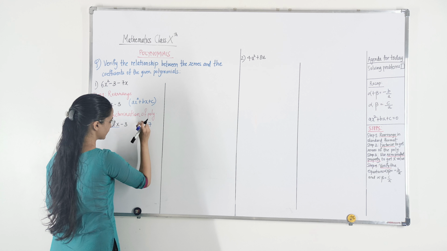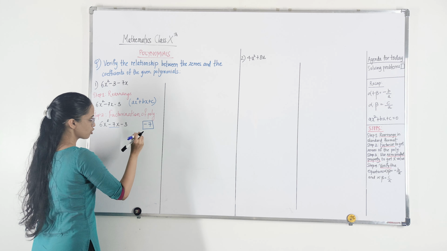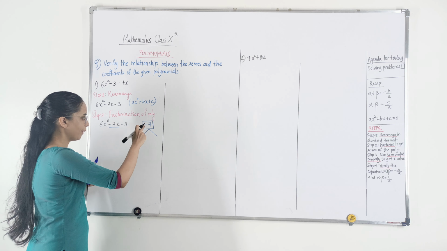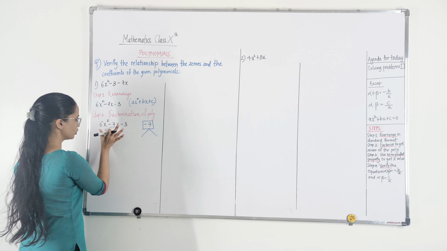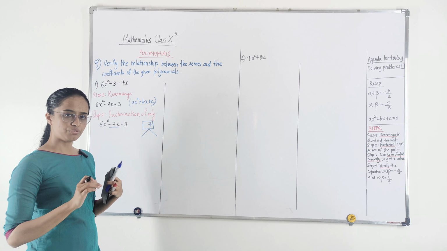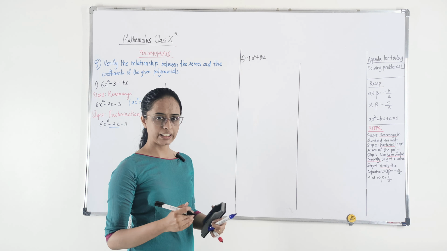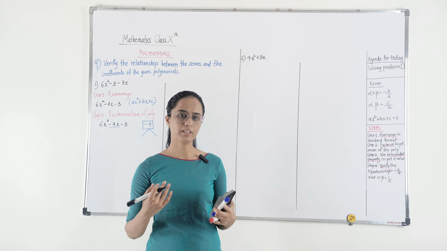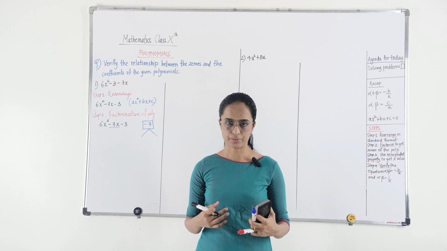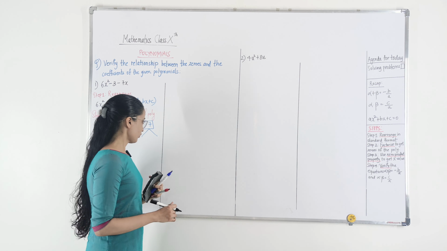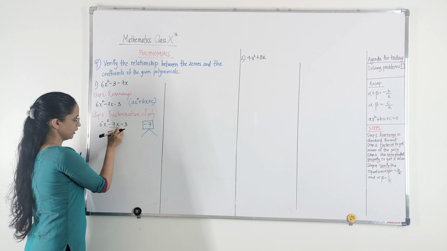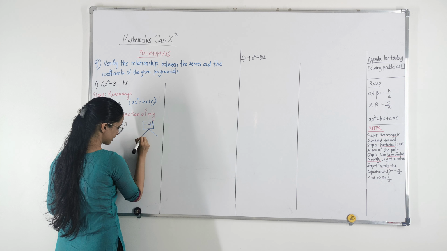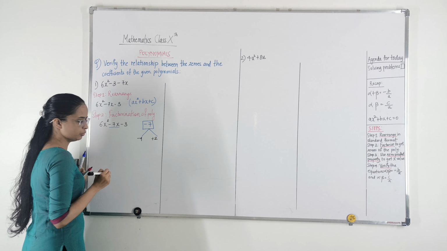Here the middle term is minus 7x, right? So minus 7 is the middle number, and you have to split it in two parts such that when you add those two numbers you get minus 7, and when you multiply them you get the product of 6 and 3. First of all, what is the product of 6 and 3? It's 18. Now 18 comes in the table of 2, 3, 6, 9, etc. So can I write the middle term as minus 9 plus 2?